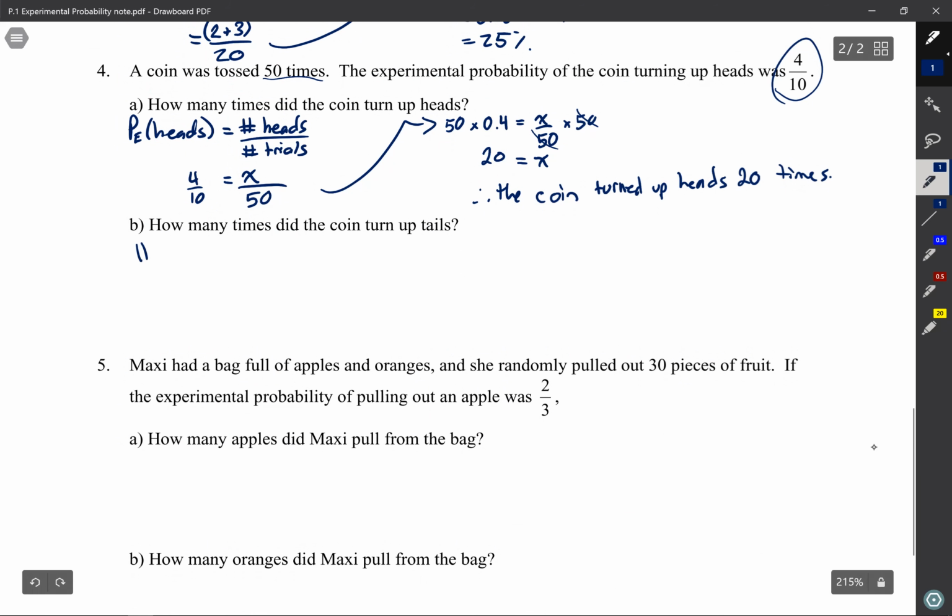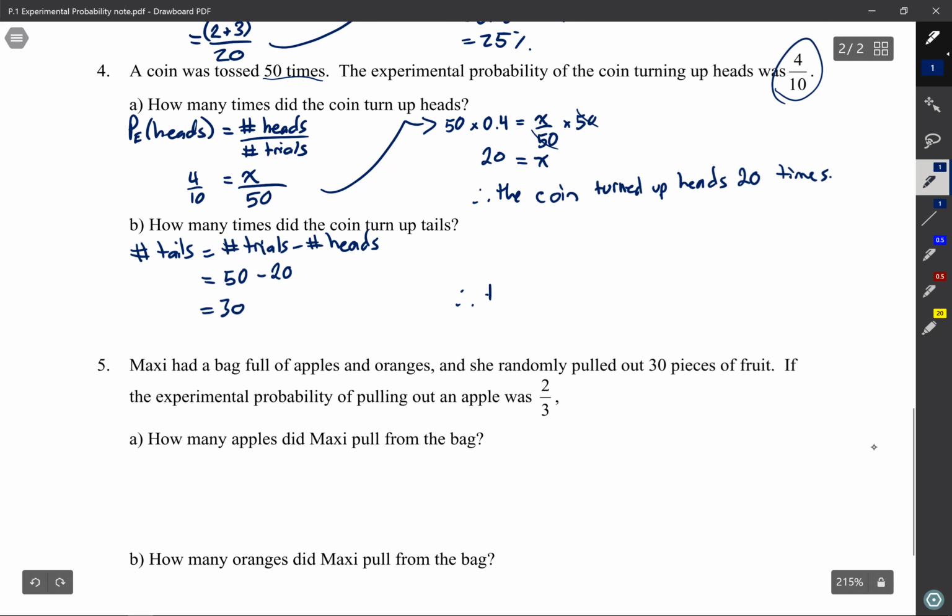So the number of times it turned up tails equals the total number of trials minus the number of heads. Well, I know there are 50 trials because that's given to us in the problem, and the number of heads we calculated last time, that's 20. 50 minus 20, you can use a calculator or do it in your head, that's 30.